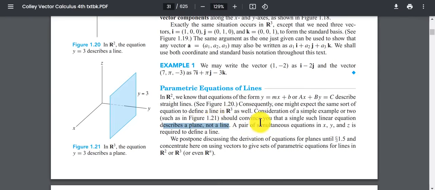Just having one equation in x and y gave us a line in 2 space, but for a line in 3 space, we're going to need 2 equations in x, y, and z.